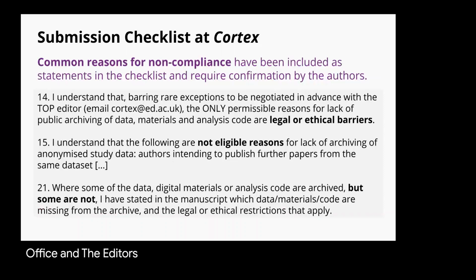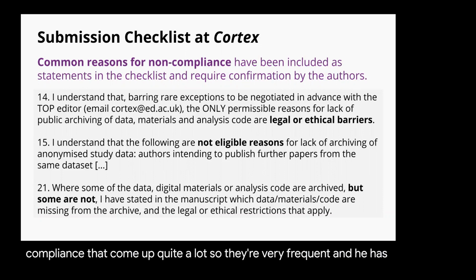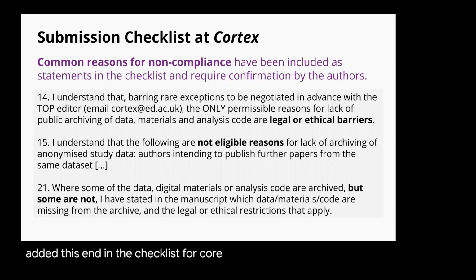So Chris Chambers has identified a lot of reasons for non-compliance that come up quite a lot, so they're very frequent. And he has added this in the checklist for Cortex as statements that need to be confirmed.